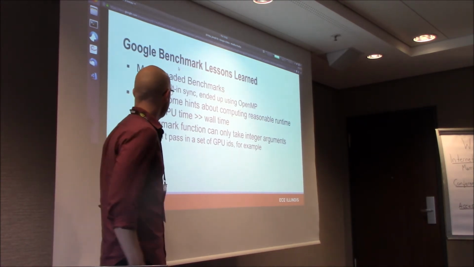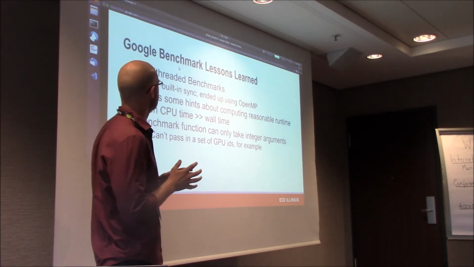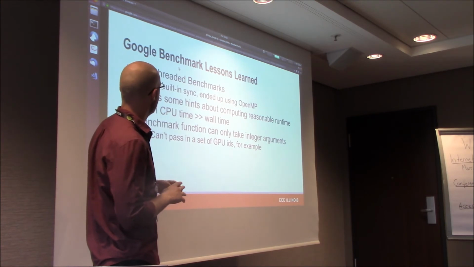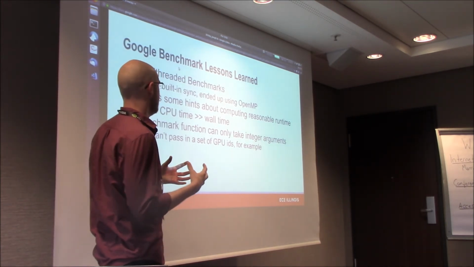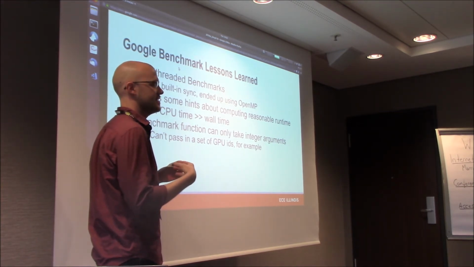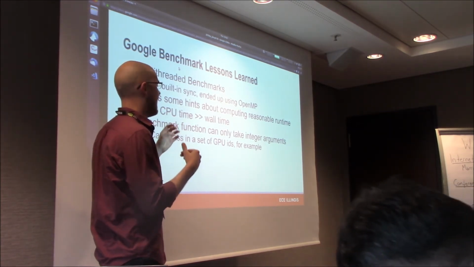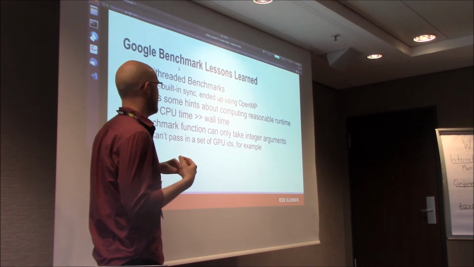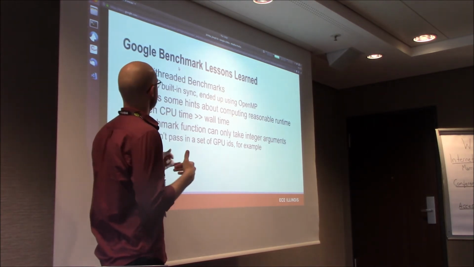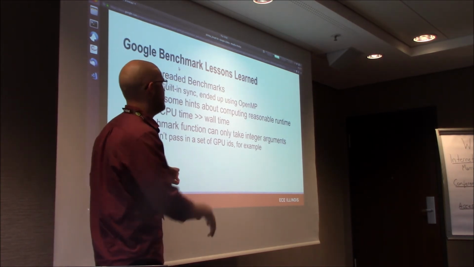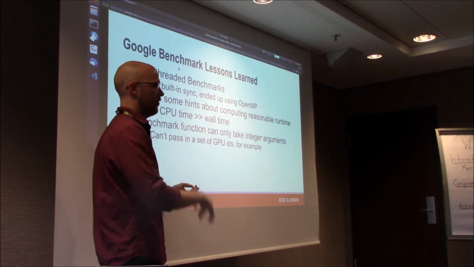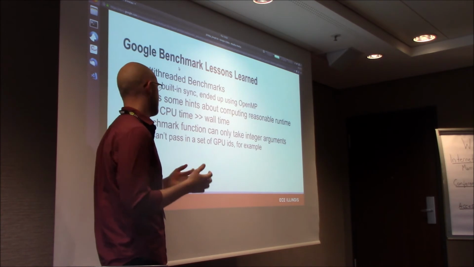Some things that we learned: writing this with Google Benchmark was a pretty positive experience, but when you're doing multi-threaded benchmarks, there's no built-in way to synchronize different threads. For example, if I want to do a memory copy using multiple threads, we have to manage the synchronization between the threads ourselves. When I did that, I ended up using OpenMP, which incurs its own overhead costs that you end up measuring, so it's not quite ideal.